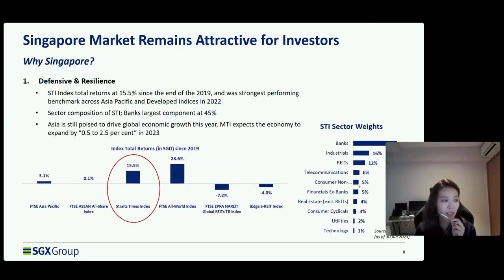And I touched a little bit on the performance just now, in terms of the stability and the long-term returns. And of course, this resilience, if you link it back to Singapore, there is also the stability of Singapore, right? Our stable political framework, an international financial hub, and also, I would say, global business efficiency. People like to do business over here because of the stability.